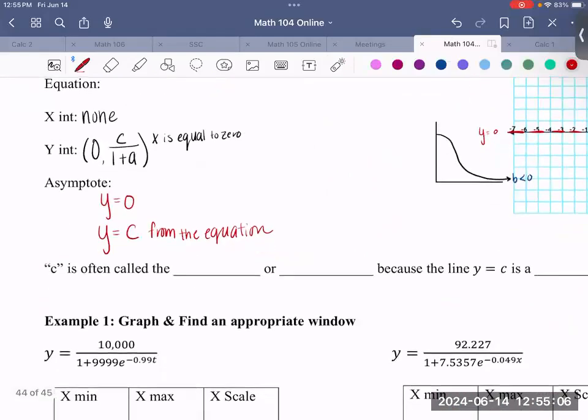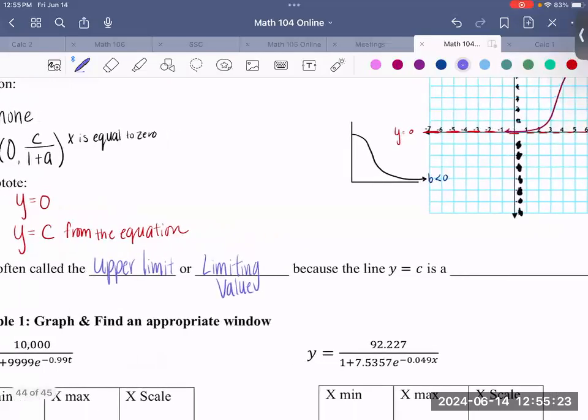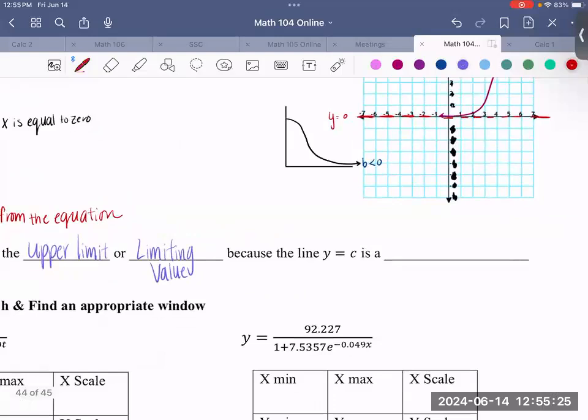So we said C is often called the upper limit, or the limiting value, because the line y equals C is an asymptote and cannot be crossed.